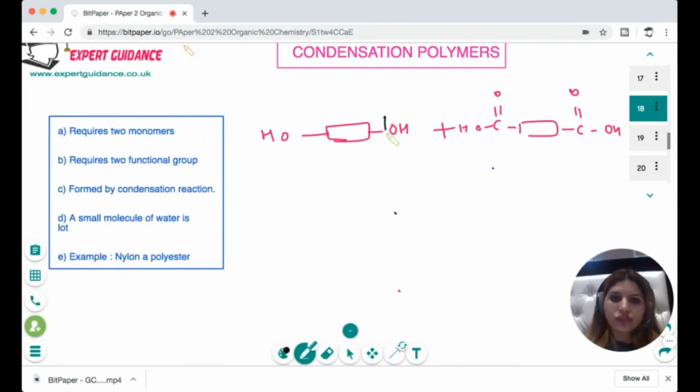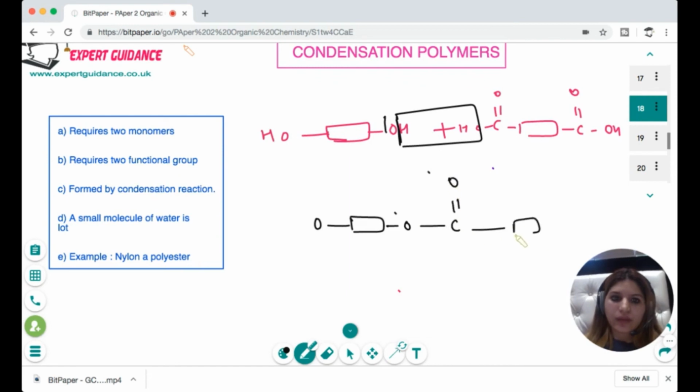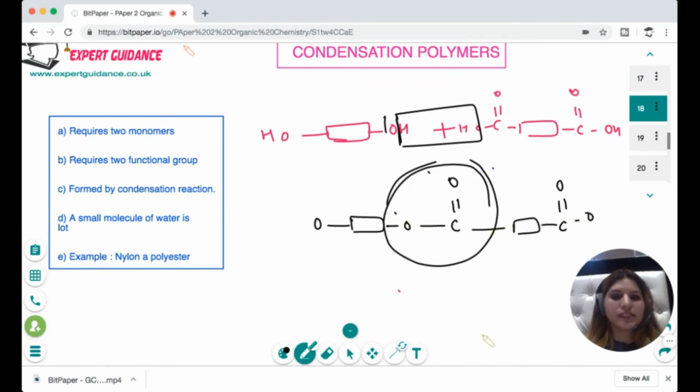So the hydrogen will be lost here and the OH will be lost here. So what we are left with is O, and then C double bond O, and again C double bond O. So you can see that this is the new bond that is formed by a condensation reaction.